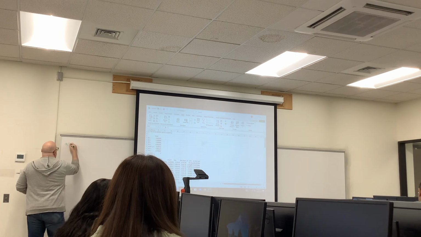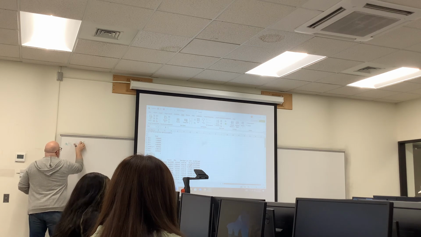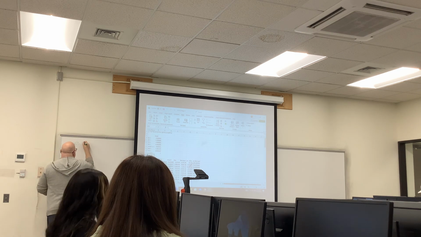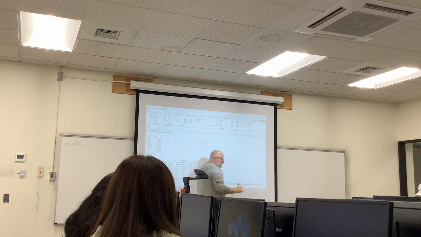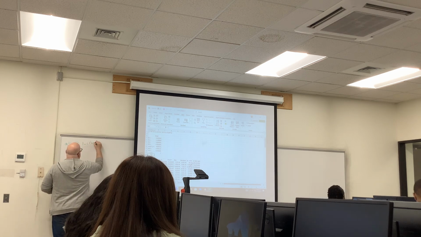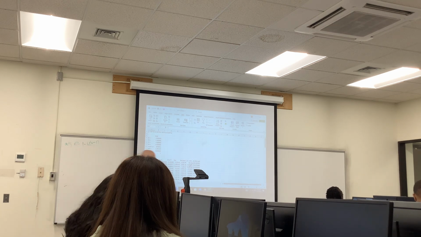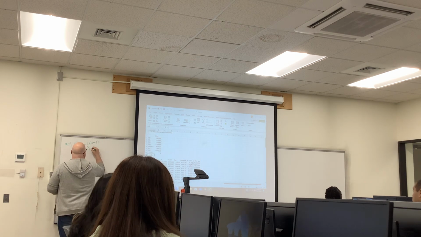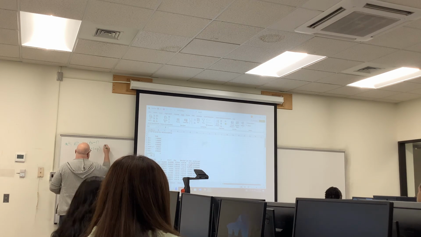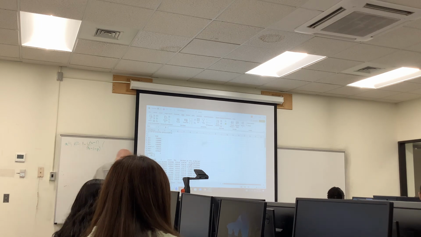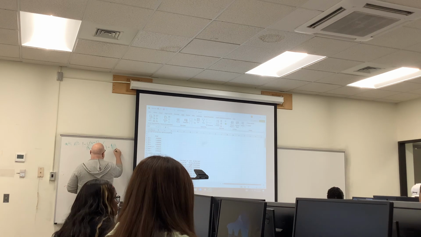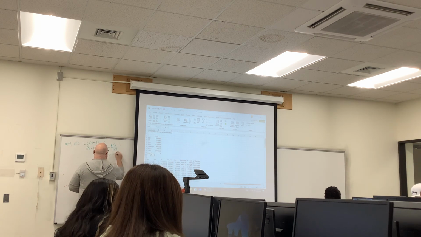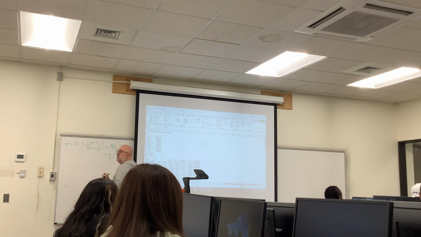So adjusted R squared equals 1 minus (n minus 1) over (n minus 1 minus p), and then this term is times 1 minus RSS over TSS, which you should recognize as regular R squared.